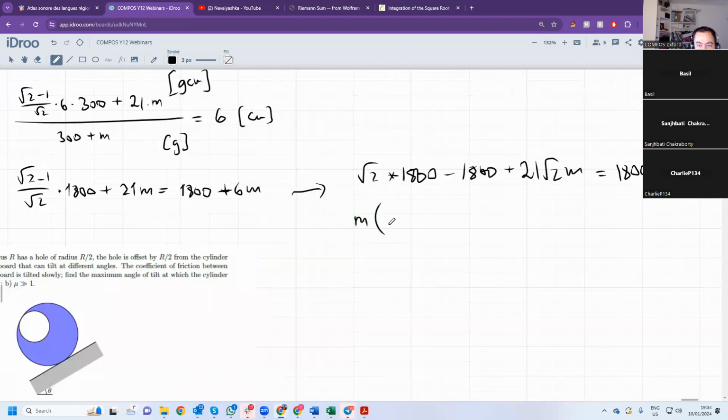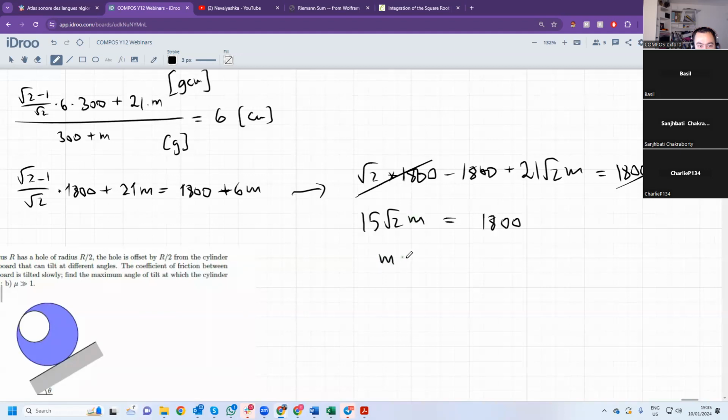Okay, m 21, so 15 square root of 2 m equals... would you look at that? That's good. It's always good.